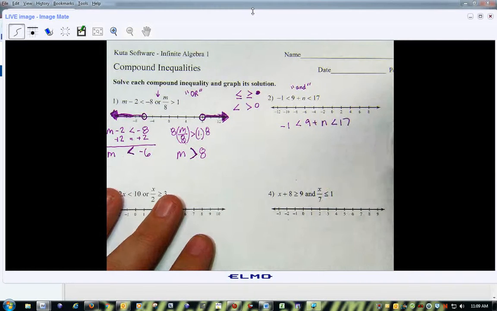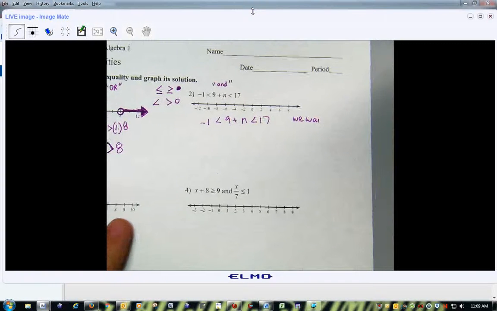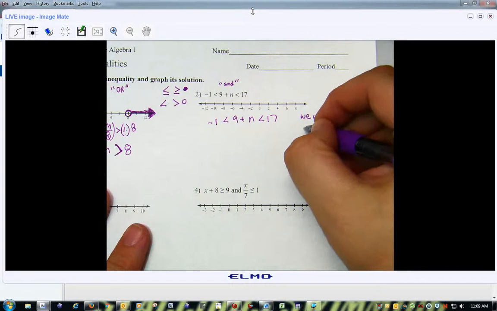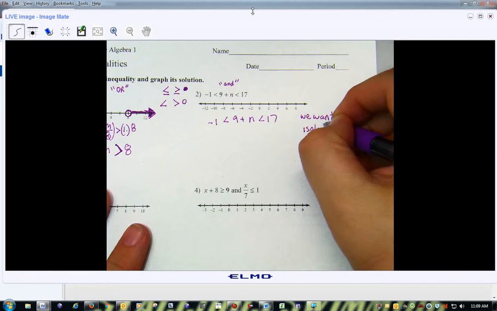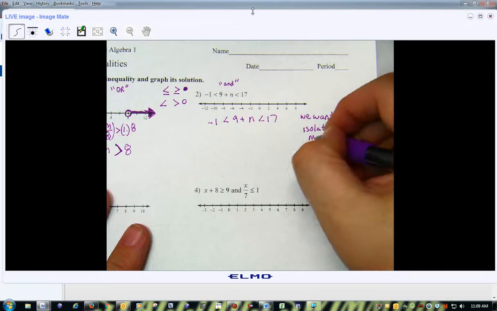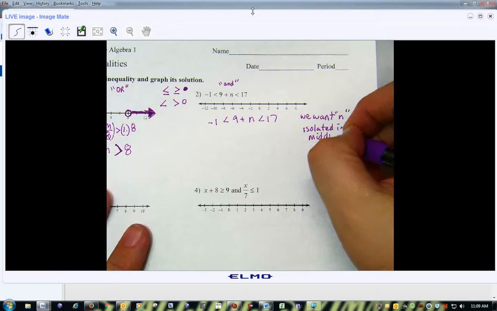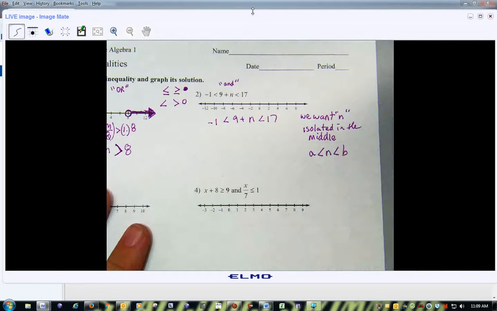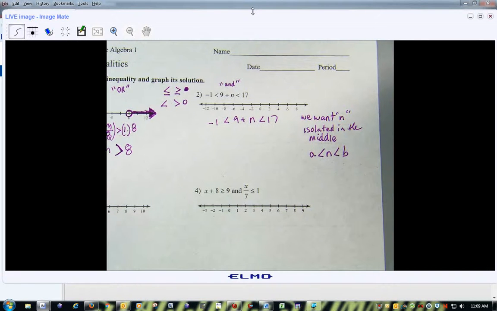So we want, let me move that over a little bit. We want n isolated in the middle. So we get a, in this case, is less than n, which is less than b. That's what we want. So we have to use our algebra skills in order to do this.